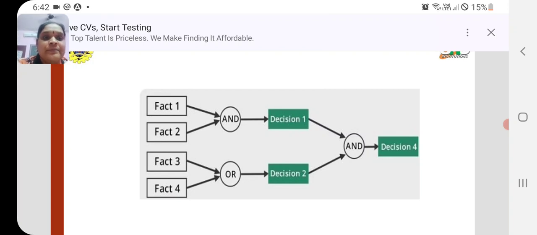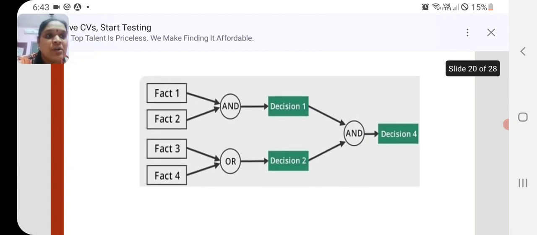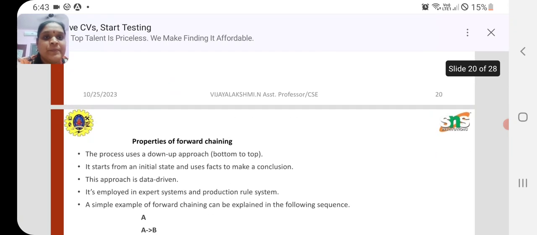And for fact 3, here we are using an OR condition, and for fact 4 also we are using an OR condition, and we have arrived at decision 2. Combining decision 1 and decision 2, we will have one more new solution or new information, decision 4.